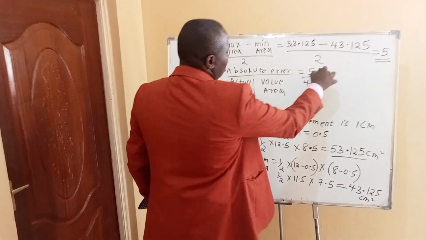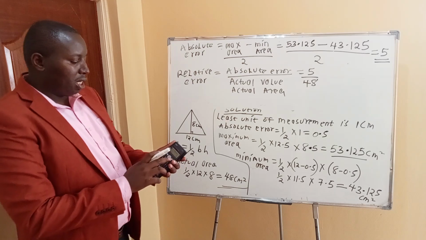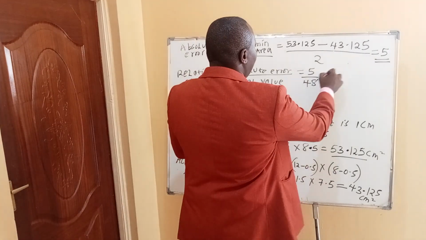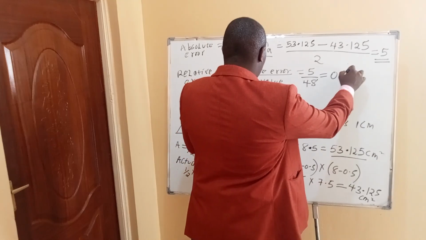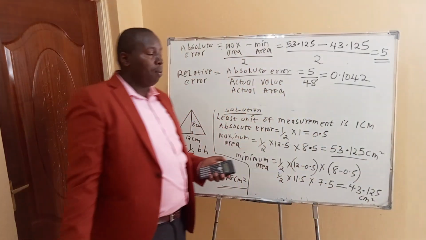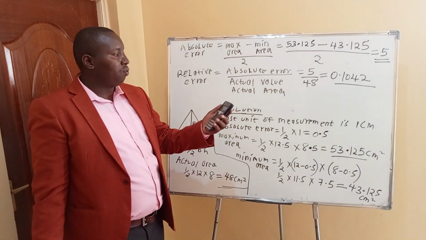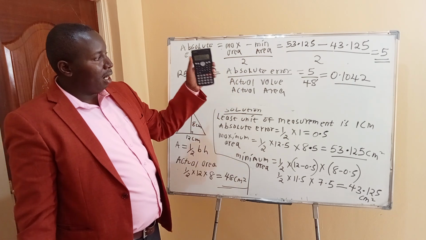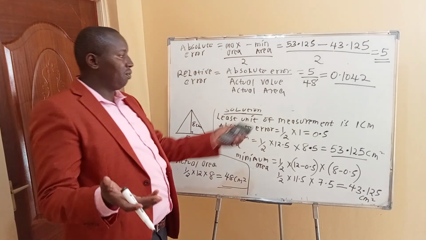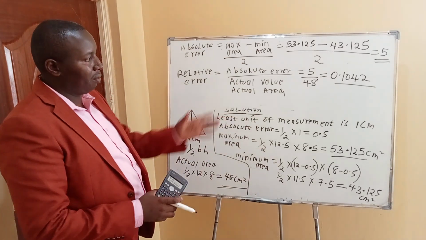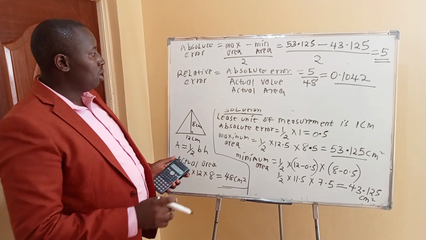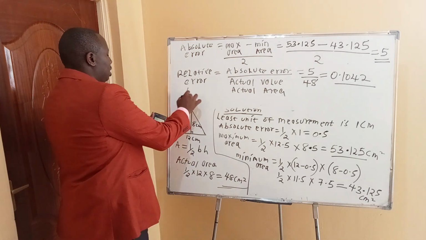So that is 5 over 48. Take 5 divided by 48 and you get the relative error as 0.1042, to 4 decimal places, or 4 significant figures.